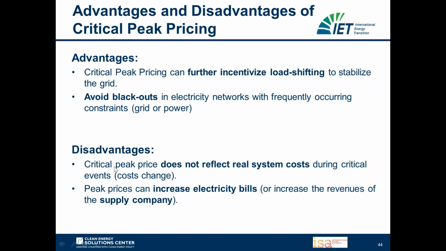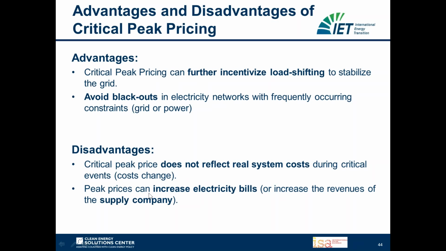The disadvantage is, of course, that critical peak pricing does not reflect the real system cost during critical events, because you might have one very critical event or one less critical event, but you have the same price because the prices are predetermined. That's one reason why real-time pricing might be more effective from this point of view.